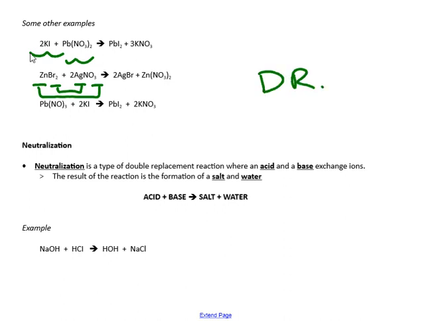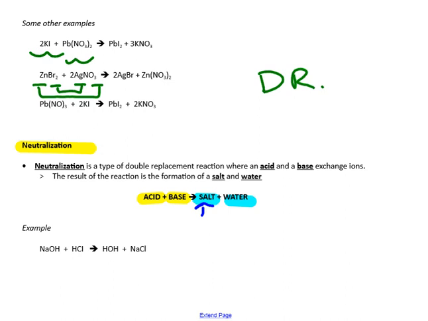One special type of double replacement reaction is called a neutralization reaction. In neutralization reactions, we have special compounds. An acid reacts with a base. The products are always the same. We get a salt and water. Now, when I say salt, I don't necessarily mean table salt. A salt to a chemist is just an ionic compound.